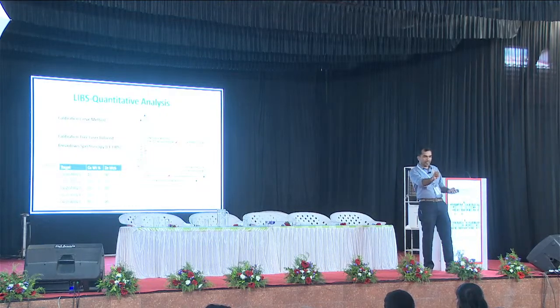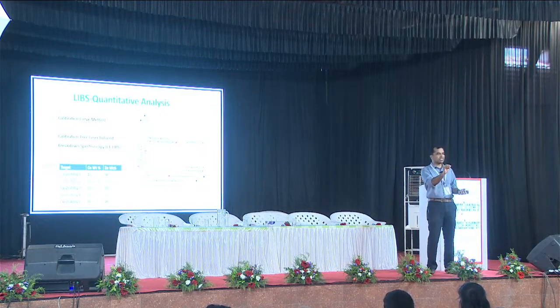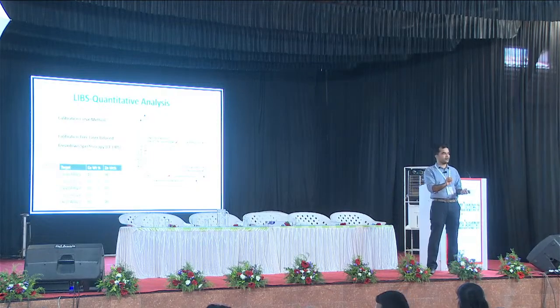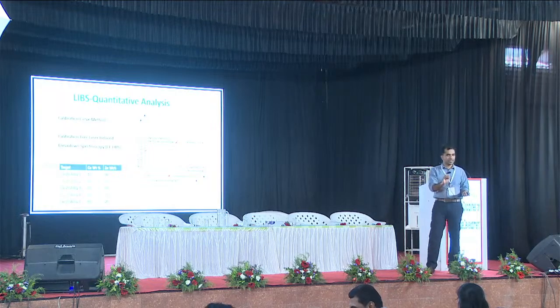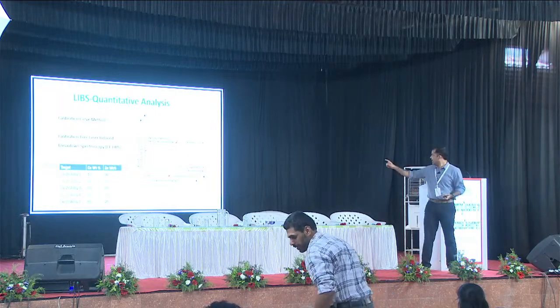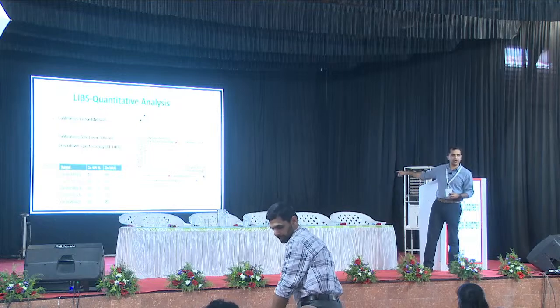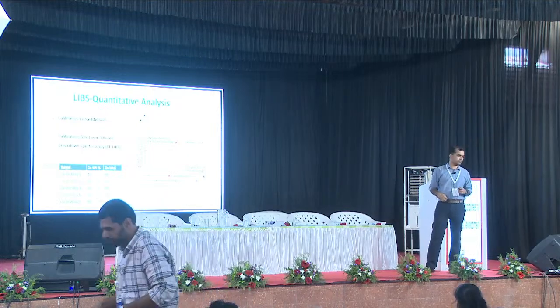Now you give another copper zinc alloy, 45-55%. By looking at the intensity, using this curve, I can extract information.